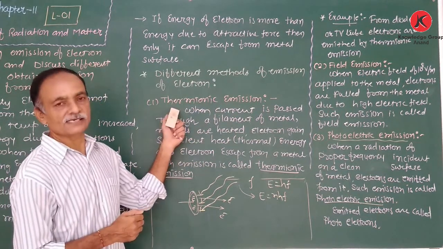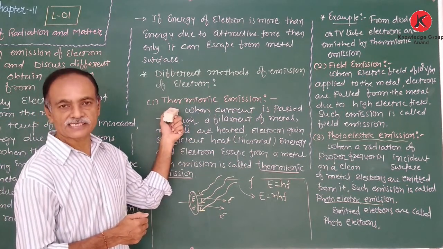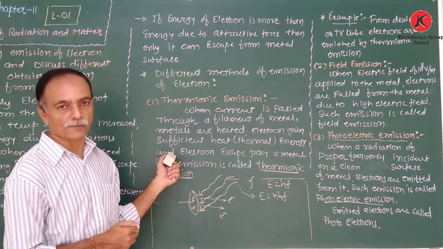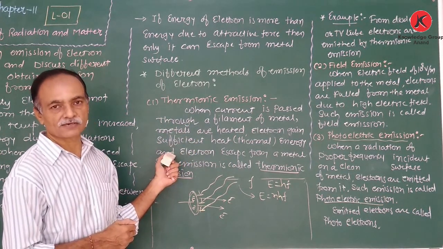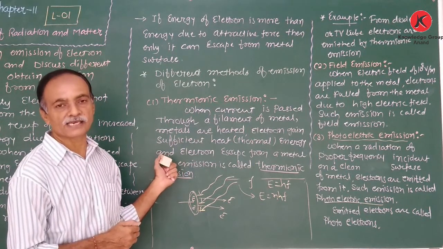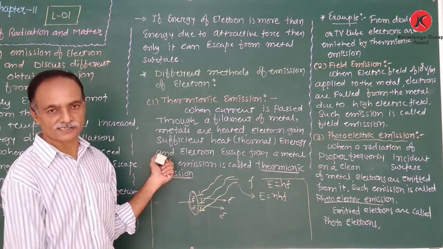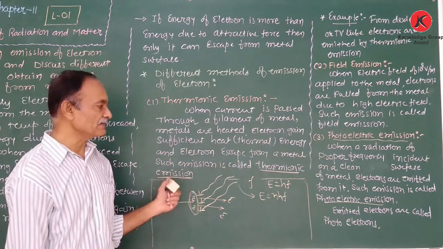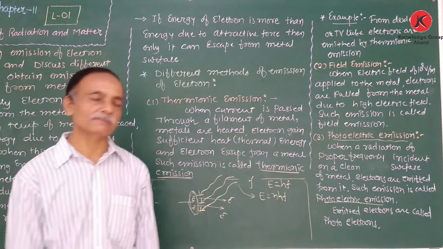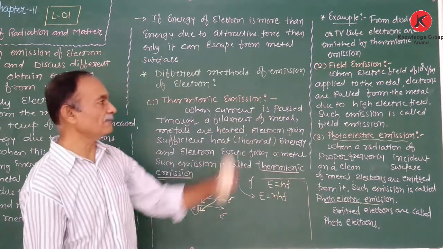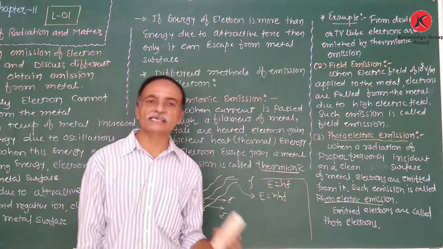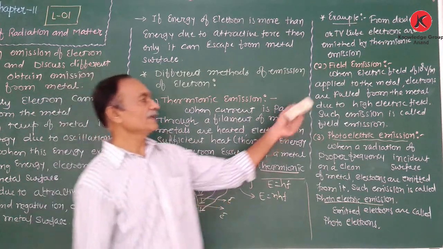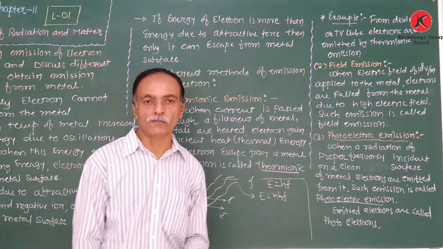In thermionic emission, the filament is heated, that means the metal is heated, so the electron gains thermal energy due to the increase in temperature. And emission of the electron takes place, and this is known as thermionic emission. Second is the field emission. When a very high electric field is applied across the metal, what happens? The electrons are pulled from the metal.